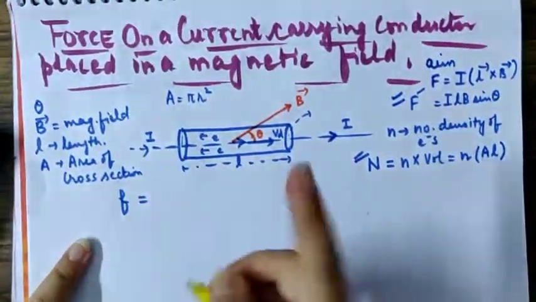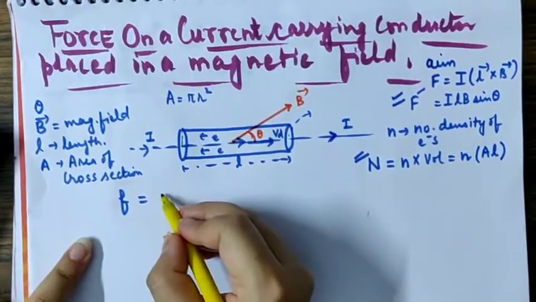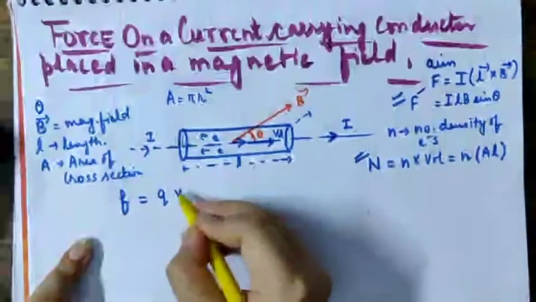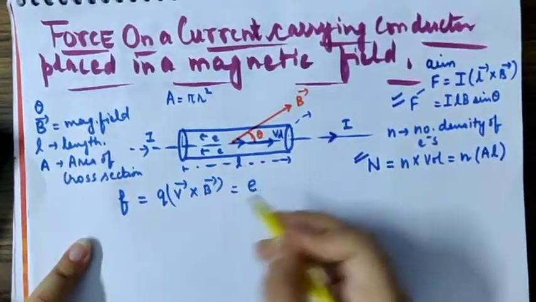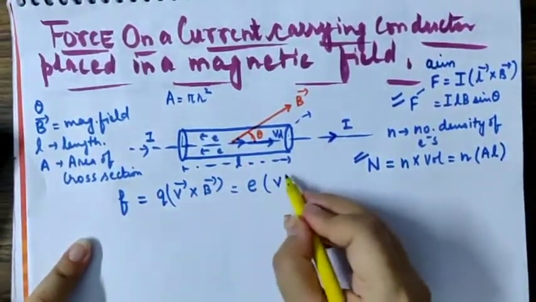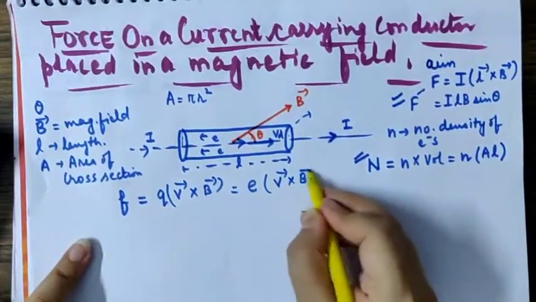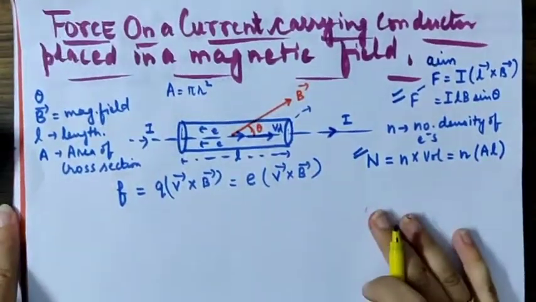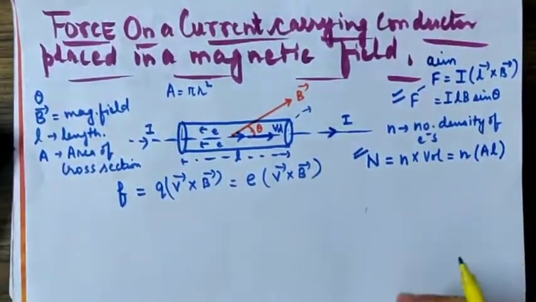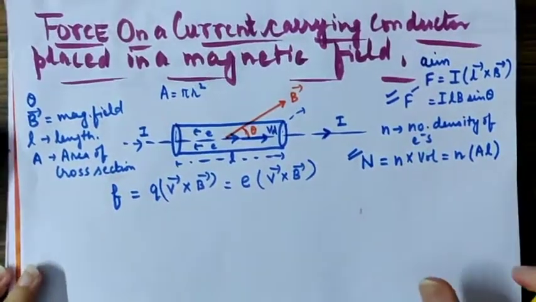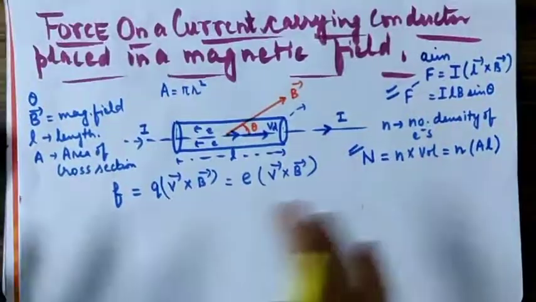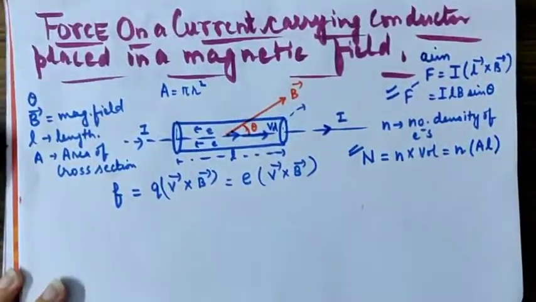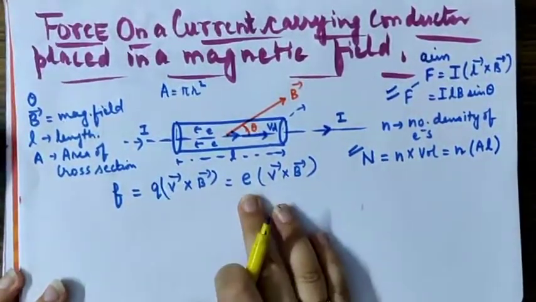The force that is applicable on a single electron will be equal to q V vector cross B vector. Charge is electron, so you can write it as e V cross B vector. I'll not be placing a minus sign with it because it will create a kind of confusion in your mind. So the force on a single electron is this.